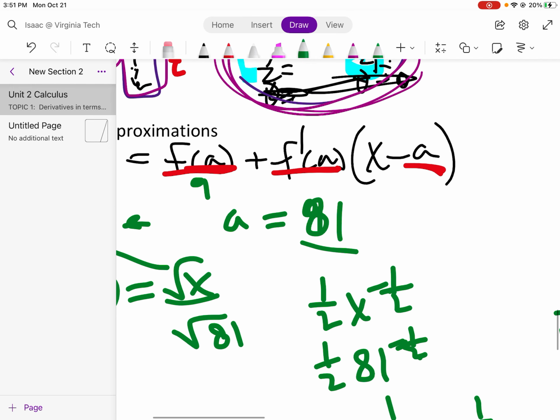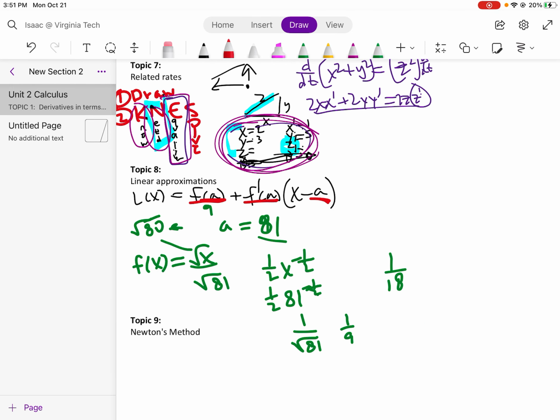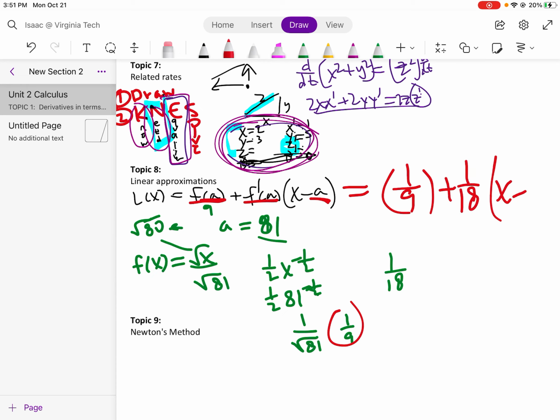So then we would just, let me zoom out, we would just take this 1/9. So we just rewrite this equation over here and just plug everything in. 1/9 plus 1/18 times x minus a, which is 81.